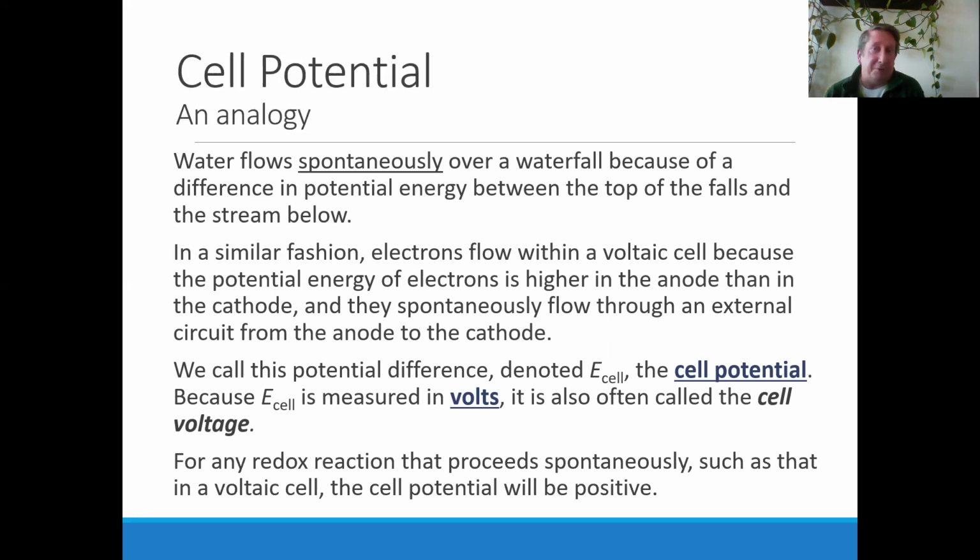But if you talk about the reverse redox reaction, so if we wanted to talk about electrons going from copper back towards zinc, then the cell potential would be negative. So when there's a positive cell potential, you're talking about a spontaneous redox reaction. A negative cell potential would be for the reverse reaction, which is non-spontaneous.